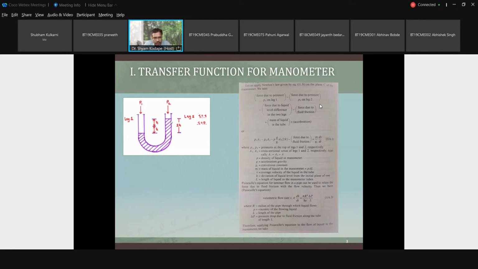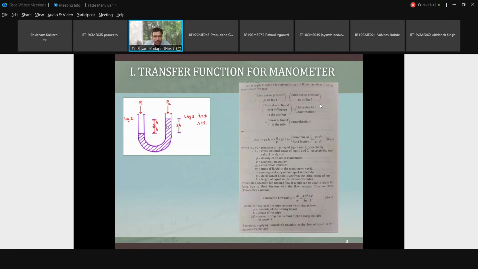This t is equal to 0 represents the absence of pressure. At time t is equal to 0, the system was at steady state. System was at steady state means all the forces and the mass of that liquid were resting here in absence of pressure.